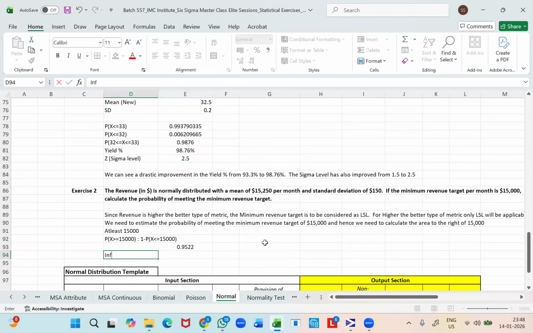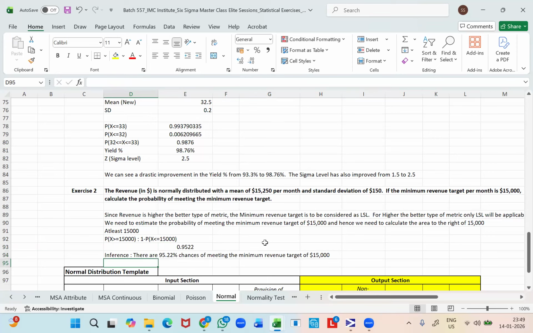So what will be the inference for this? The inference will be there are 95.22% chances of meeting the minimum revenue target of $15,000.